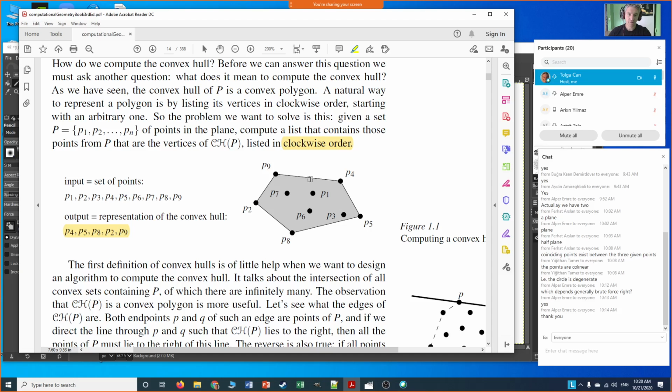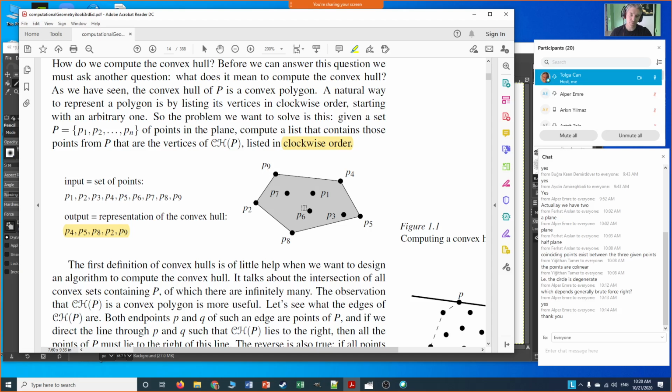It's just like P7 is inside the polygon. Something that is on the edge of a polygon is also considered contained in the polygon, because it's a closed polygon. The edge is contained. Therefore, P10 is just like P7. So when we're indicating the convex hull, we just need the vertices, the corners of the polygon that are extreme points.